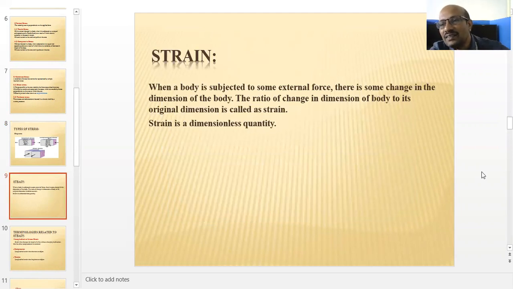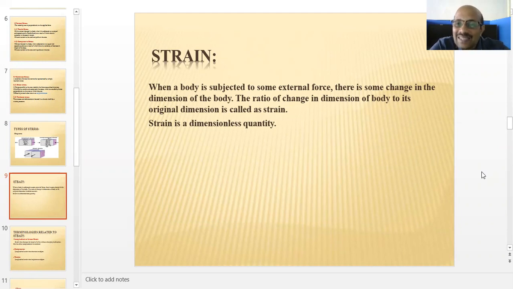What is strain? When a body is subjected to an external force, there is some change in the dimension of the body. Am I right? Suppose you are continuously doing some work, taking food also, some changes will occur in your body.